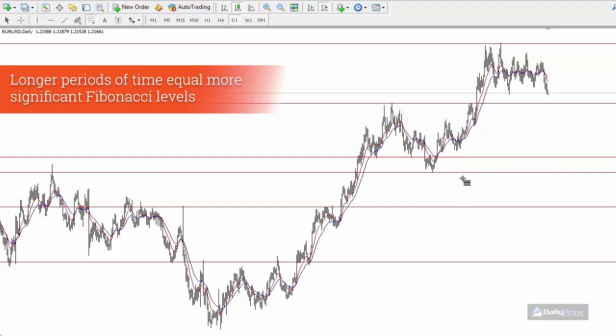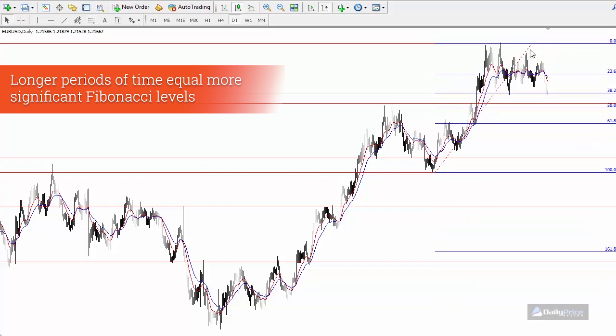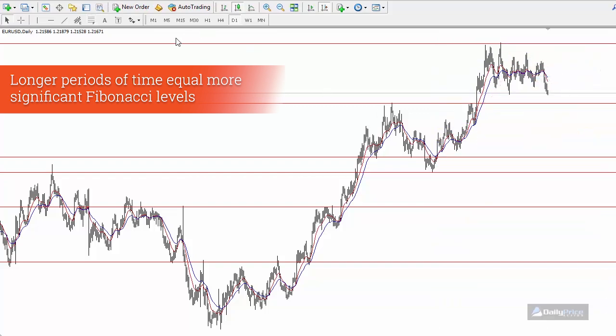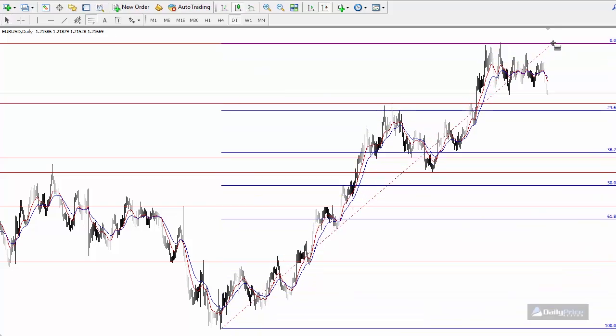So in other words, if I were to draw my fibs from here to here, those levels won't be quite as important as the Fibonacci levels from this low to this high. So the further you go back, the more important these levels are going to be. That's just a general rule when using the Fibonacci tool.